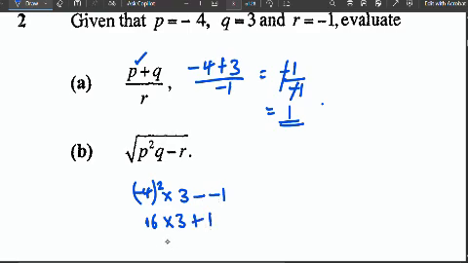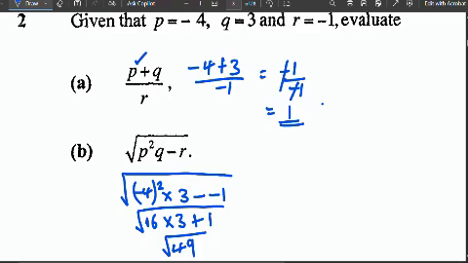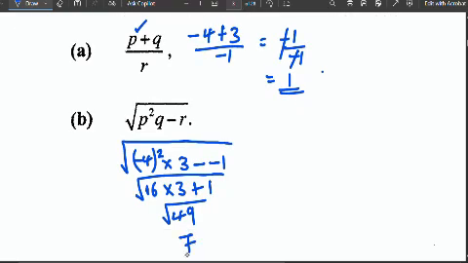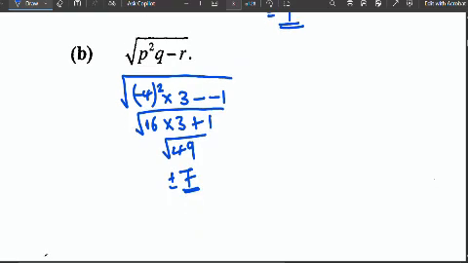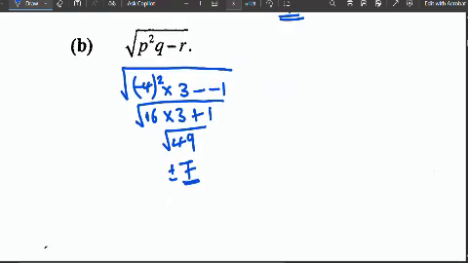So you are maintaining your square root sign. 16 times 3, that's 48, plus 1, it's 49. So the square root of 49 will be equal to 7, or you can write plus or minus 7. It's okay. But since it is not an equation, you just write 7.